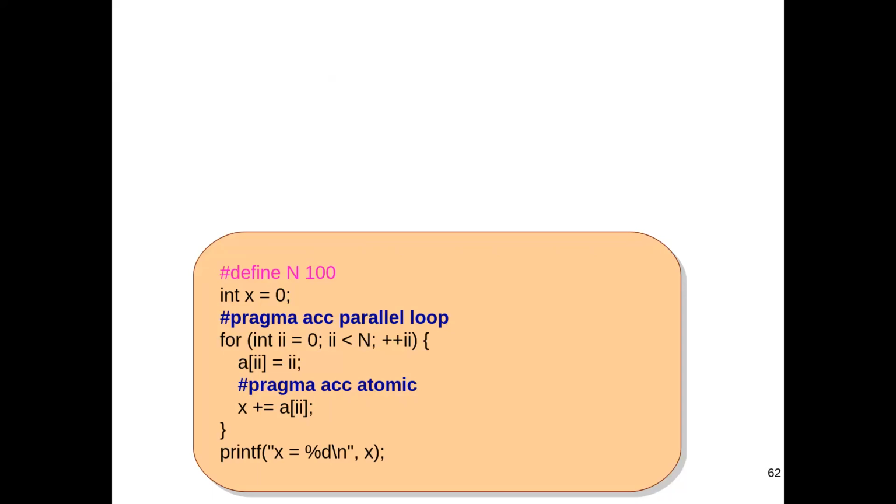In case of locks, the code can be arbitrary. You can have a while loop inside that lock-unlock code, which is not possible for atomics. In OpenACC, in fact, you cannot write more than a few lines which are atomic in nature.